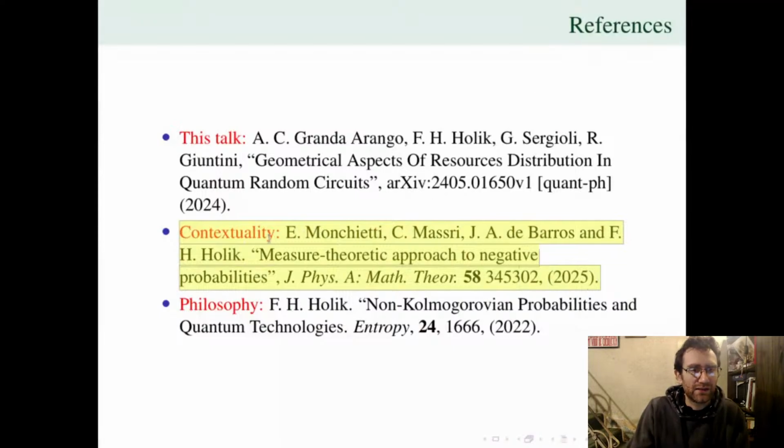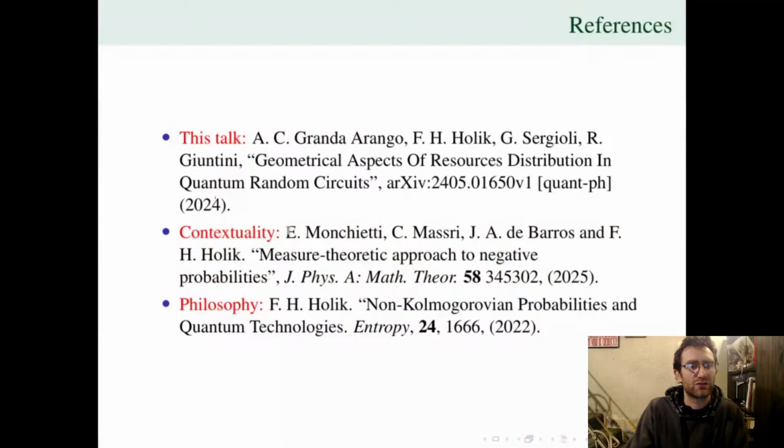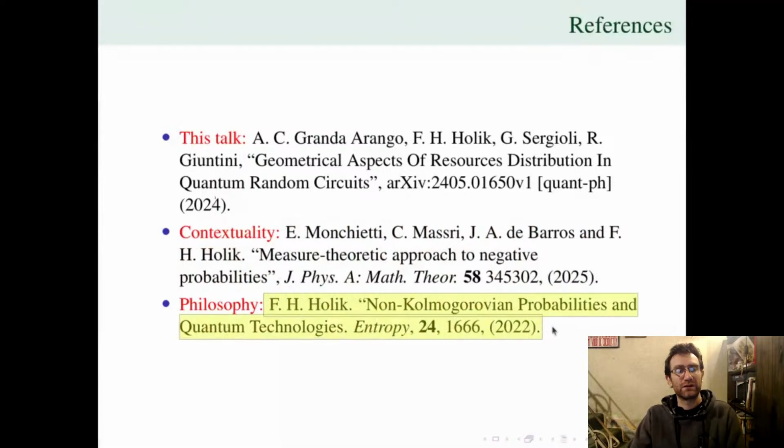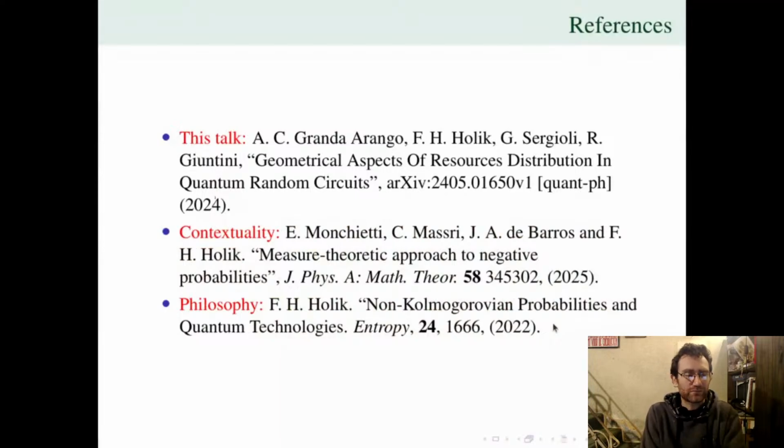You can have a look at this paper where we exploit a measure-theoretic approach to negative probabilities and give a similar discussion to the one we present here. And if you are interested in the philosophical aspect of this discussion, please have a look at this paper where I discuss how quantum technologies are related to the non-Kolmogorovian structure of the quantum state space.